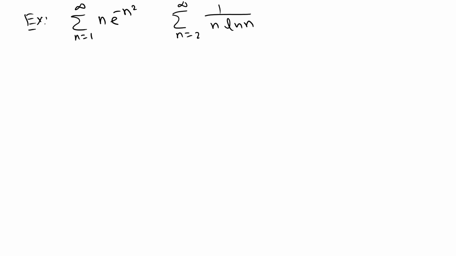We tried the ratio test, and it doesn't work; the root test and all those other tests don't work. But this is very easy to integrate, so that's a good candidate. And then the sum from n=3 to infinity of 1/(n √(ln n)). That's also a good candidate for the integral test because it's very easy to integrate.